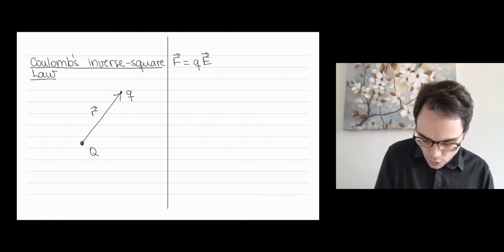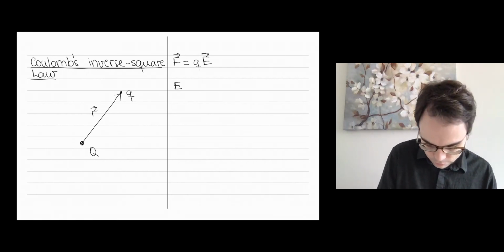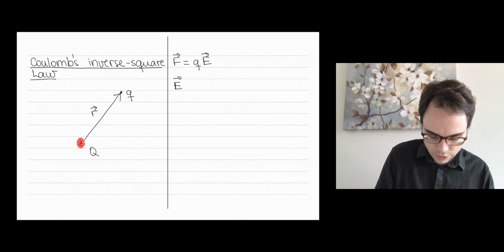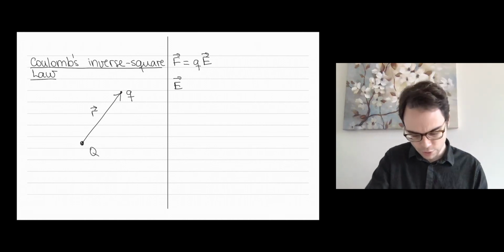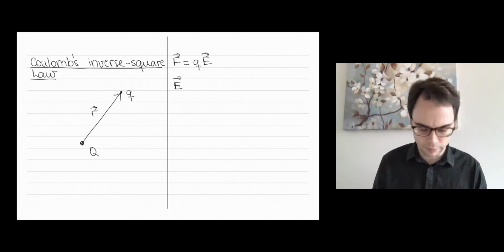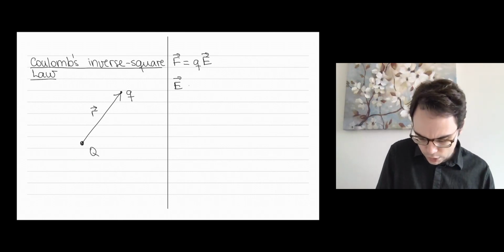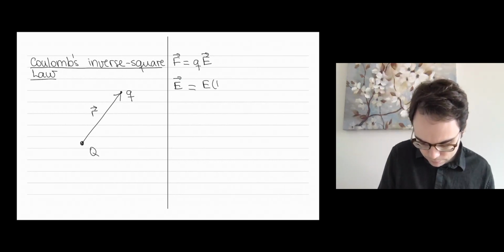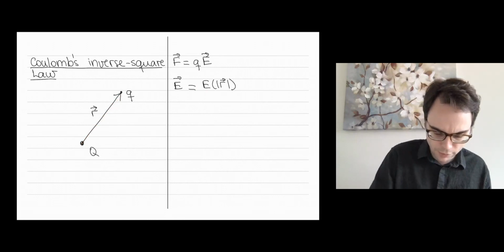So the question is, what is the electric field generated at the position of little q by the big charge capital Q? And what we're getting towards is that it's going to be a multiple of the unit vector that points from big Q to little q.